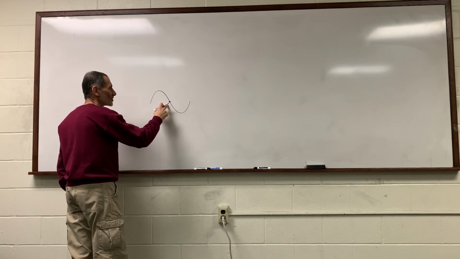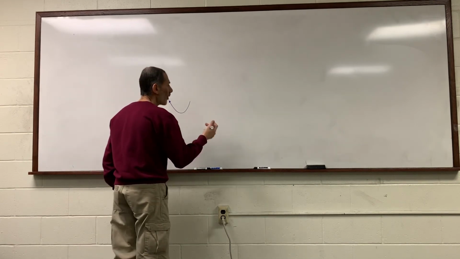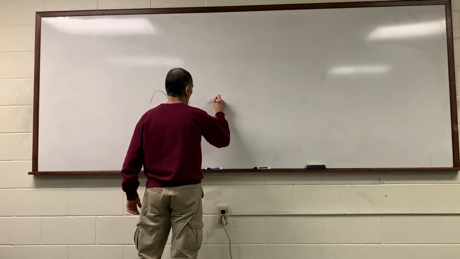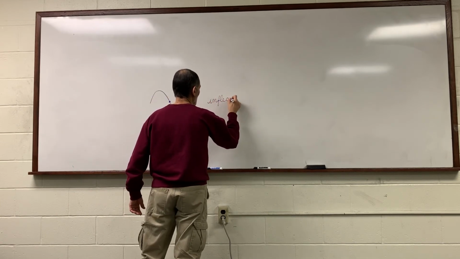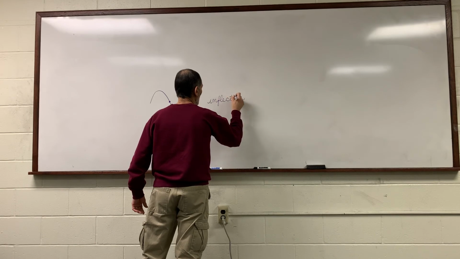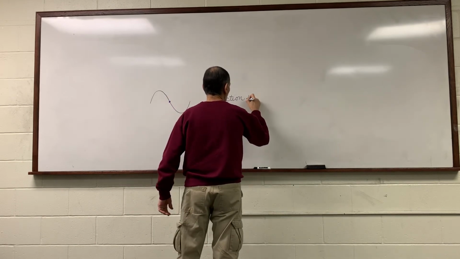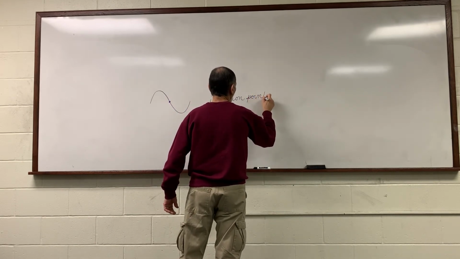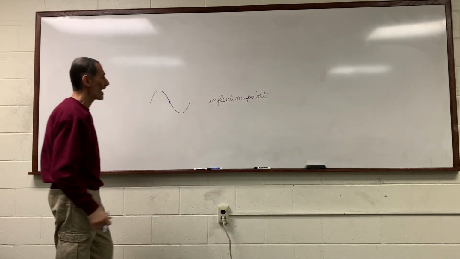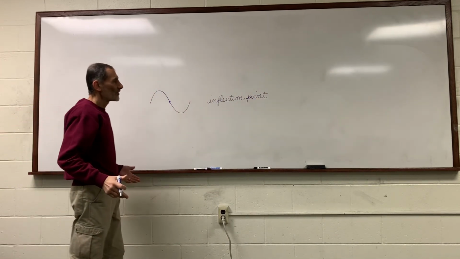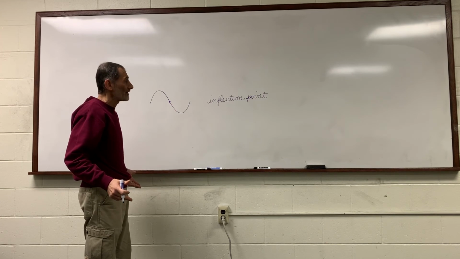Where that happens, we have what is called a point of inflection, or if you prefer, just an inflection point. Or, as I said, point of inflection is probably more correct, and this we simply write as a point, x, y.